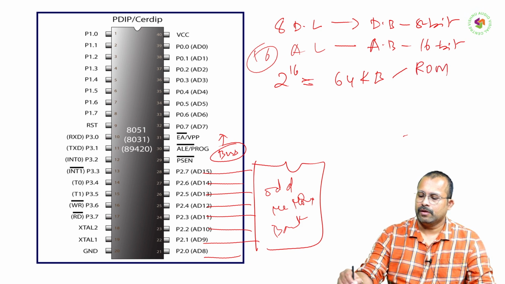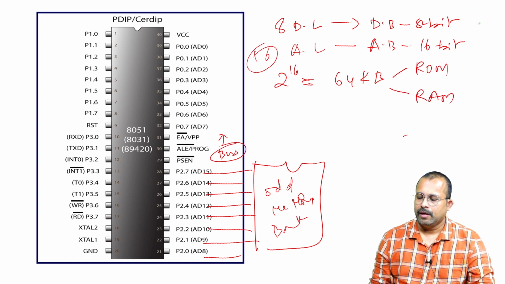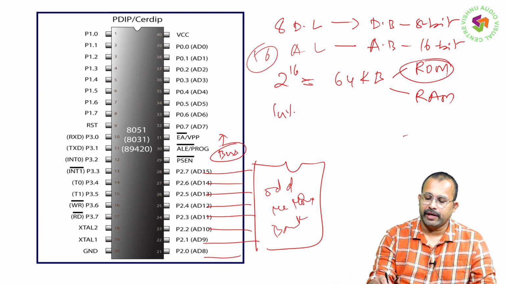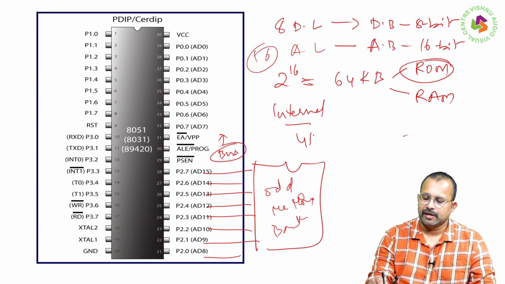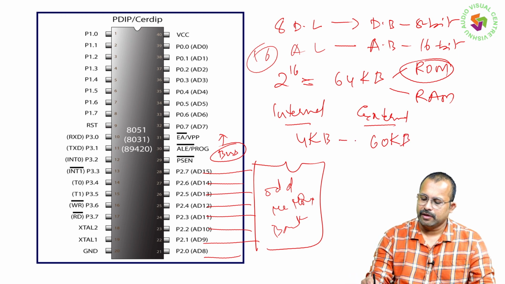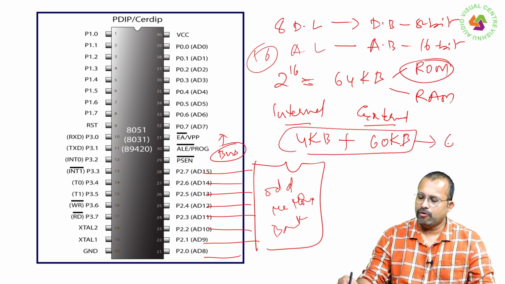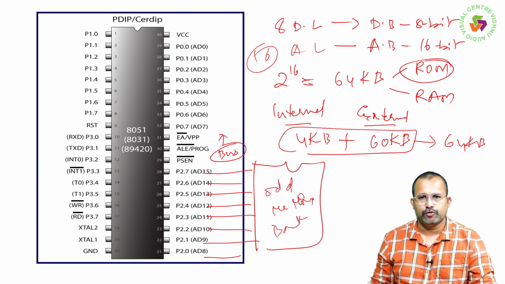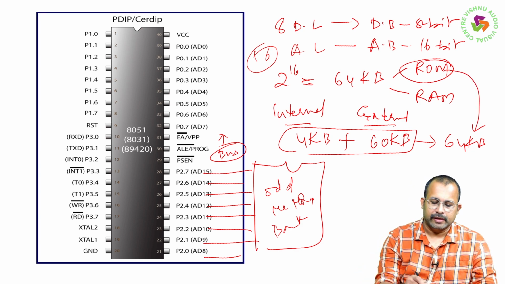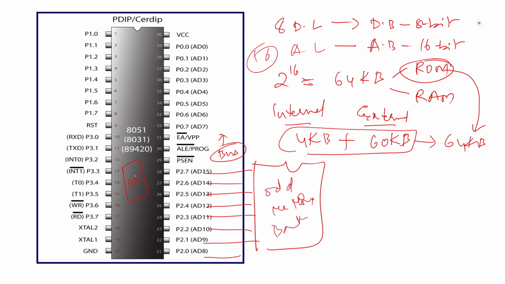ROM or RAM. In the case of ROM, internally it already has 4 kilobytes, so externally it is going to have 60 kilobytes. When you add these, the overall maximum ROM that we can interface, internally and externally, is 64 kilobytes. But internal RAM is 128 bytes, as we know from discussing the features in the last class.